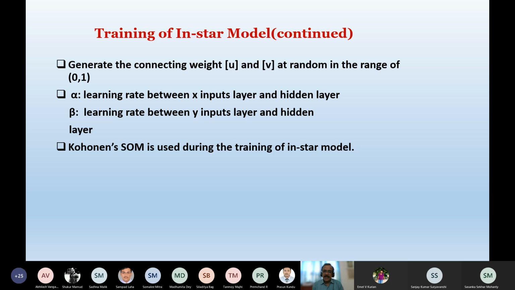I have already discussed Kohonen's self-organizing map in detail, which is a sort of unsupervised learning. In this CPNN, we use Kohonen's network, unsupervised learning based on competitive learning, in the instar model. How to implement that, I am going to discuss.